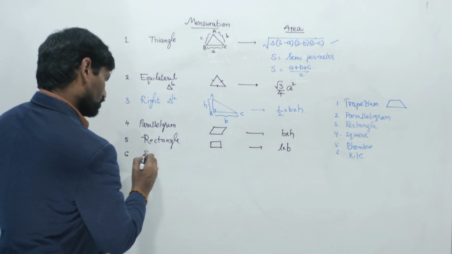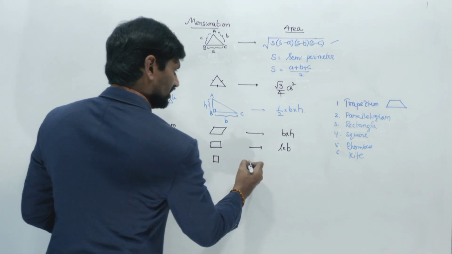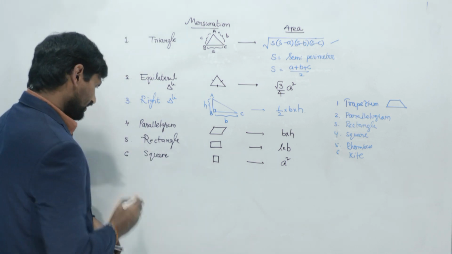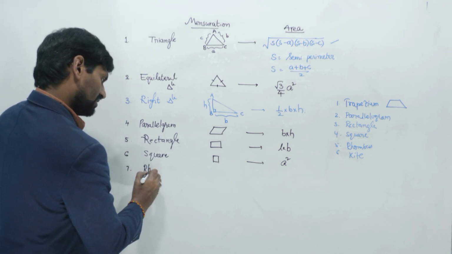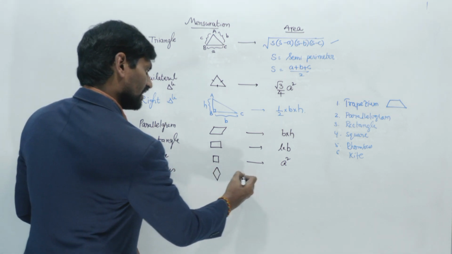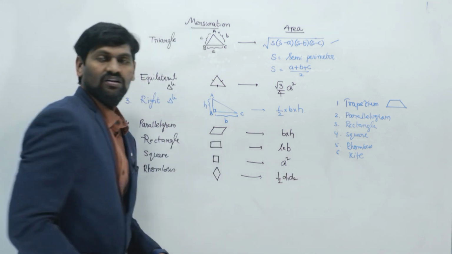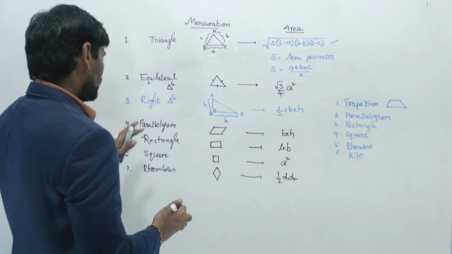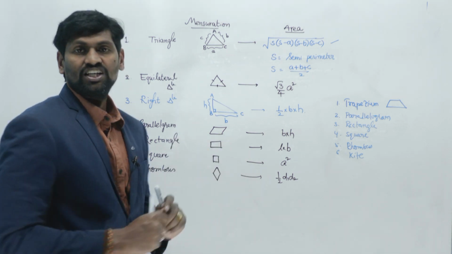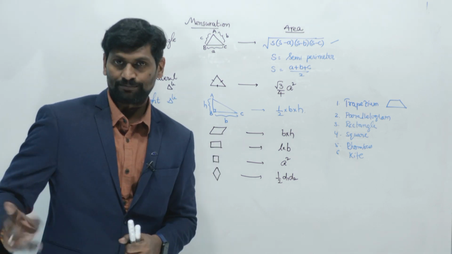And area of a square is a into a, or side into side. And rhombus: rhombus area is half d1 d2. These formulas are enough to solve problems given in the quadrilaterals topic. Now let us go to the next problem.